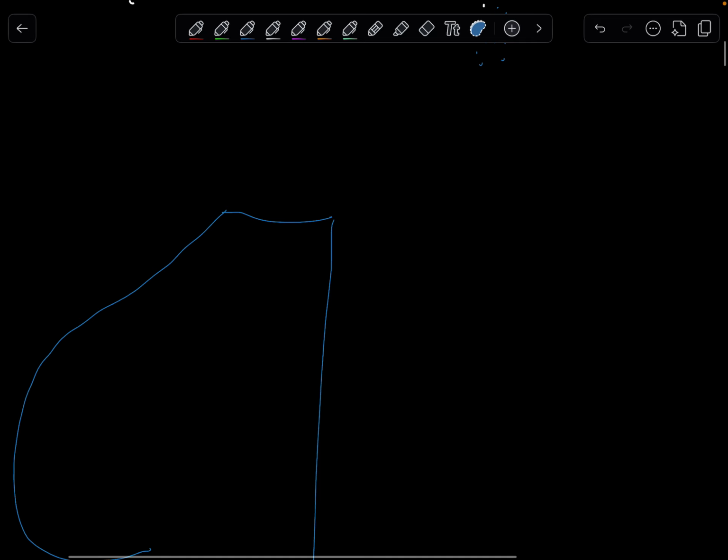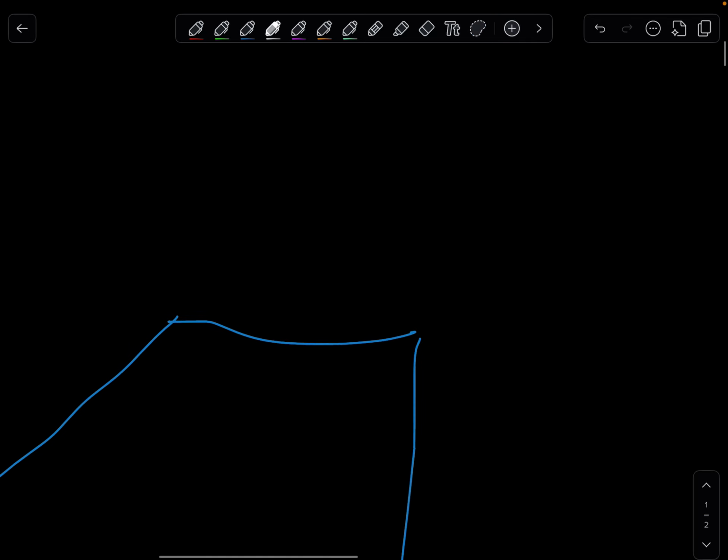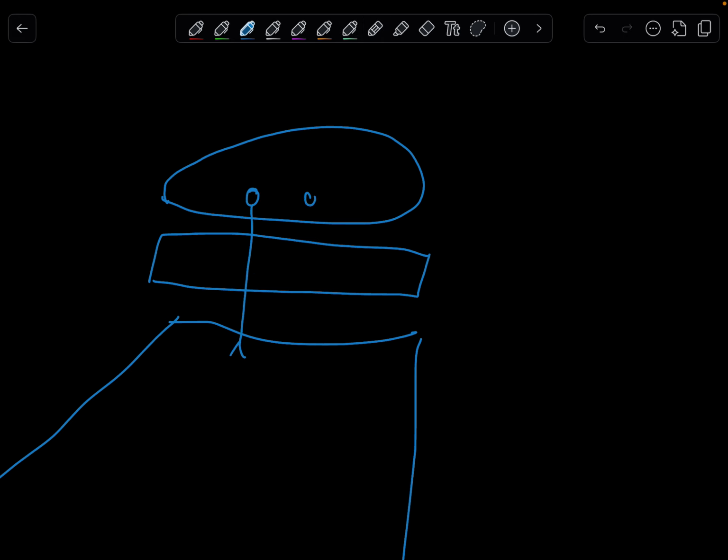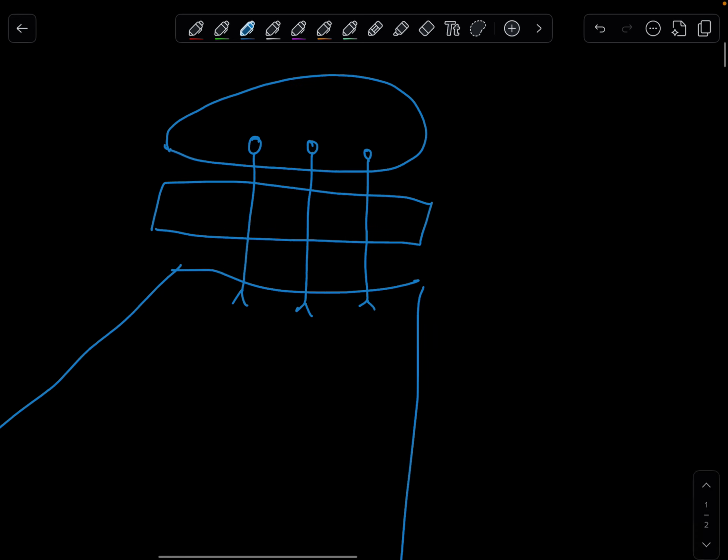So basically what happens is that right here we have a bone. This is the cribriform plate. And right above the cribriform plate is the olfactory bulb. And we have neurons that come through here. Okay.